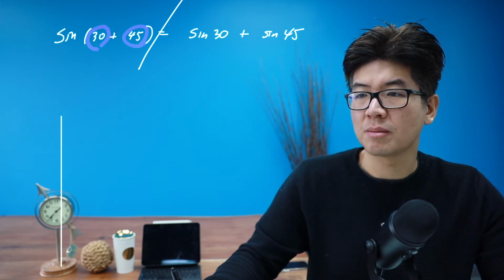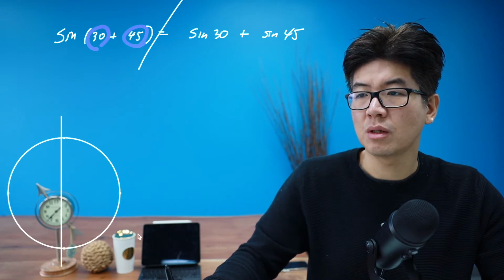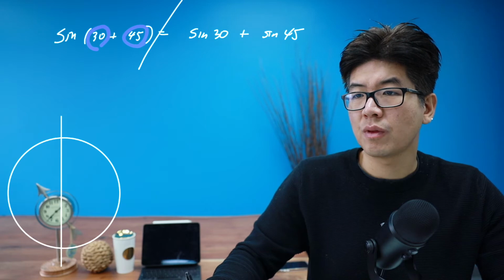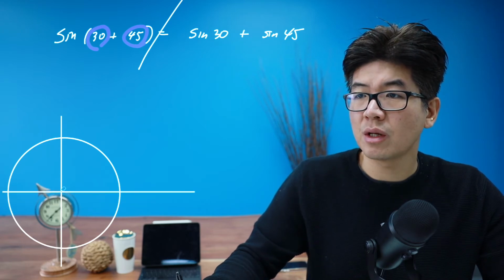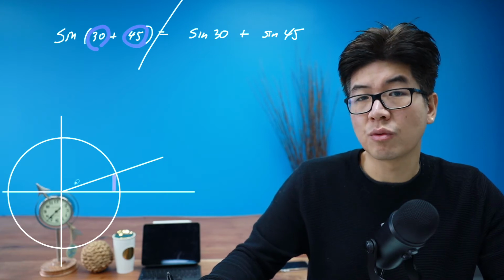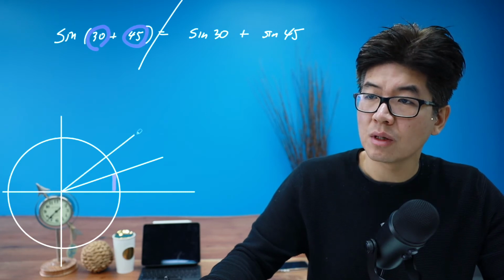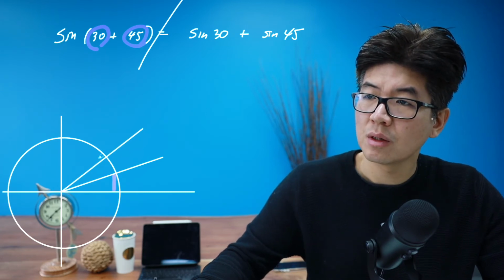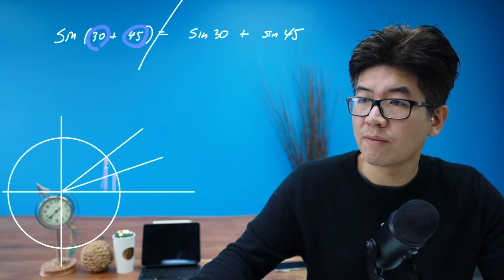What is the meaning behind this? Let's try to draw a circle here. You have to recall the definition of sine. Sine of 30 is that length right there if the radius is 1. Sine of 45 is that vertical length there.